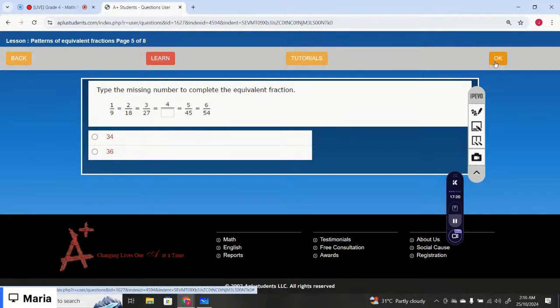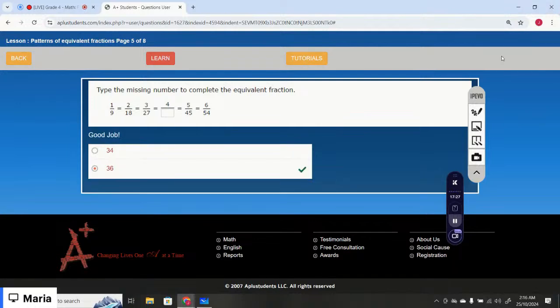So, the missing value is 36. Very good. The correct option is 36. Option number 2 is the correct option.